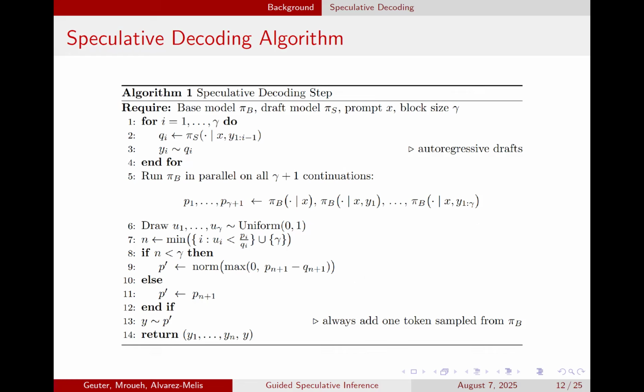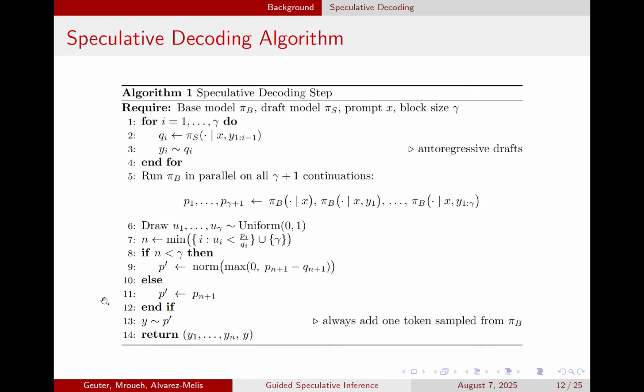The way it selects them is such that it provably selects them according to the distribution of the big model. So n will be between 1 and gamma, and these n tokens will provably be sampled from the distribution of the big model, even though you generated them with a small model.